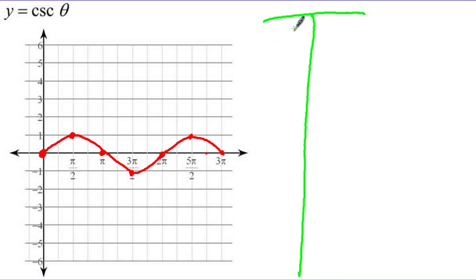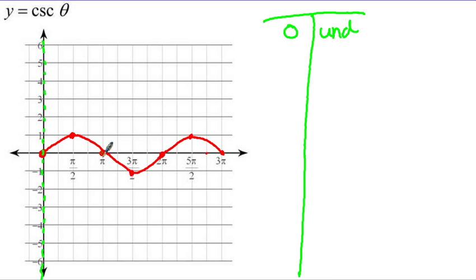So if we look at just 0, what's the reciprocal of 0? It is undefined, right? And this means then that there is an asymptote here because it's undefined.